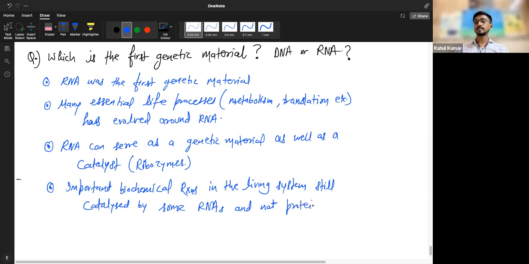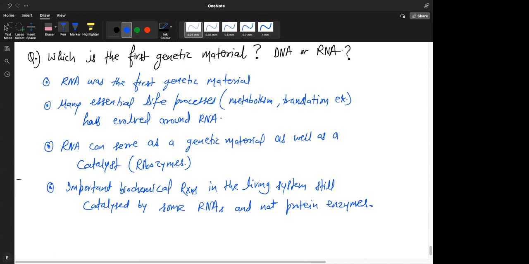So this is a proof, right? If it is still doing that, it must have been doing that when life was evolving very early on. Yes or no? Because it is present before protein came. Yes, everyone? You understand? Yes, sir.